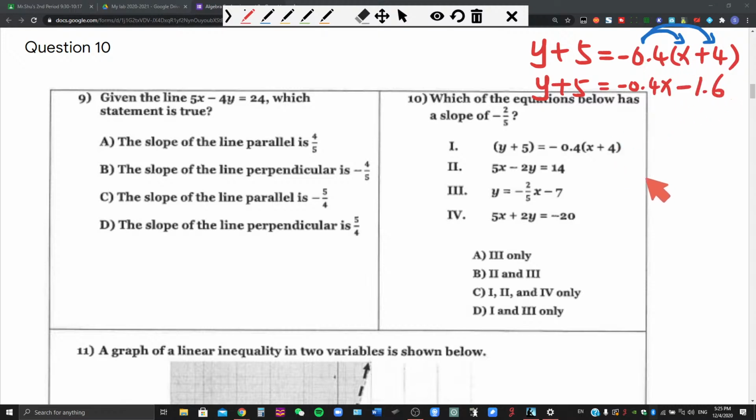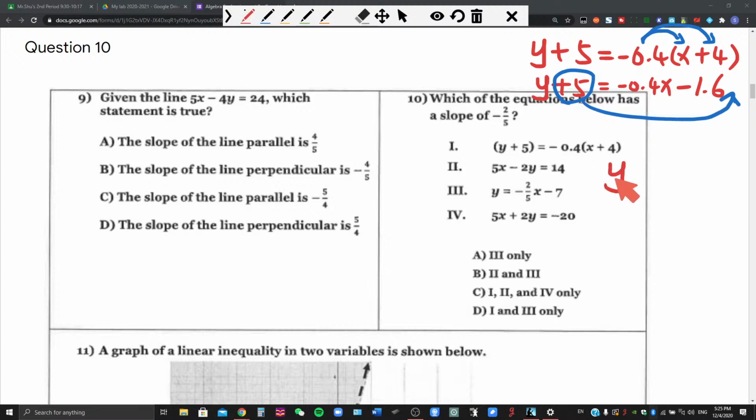And further, if we want to write it in the mx plus b form, we want to move the 5 to this side. We move it, and this will become a negative 5.